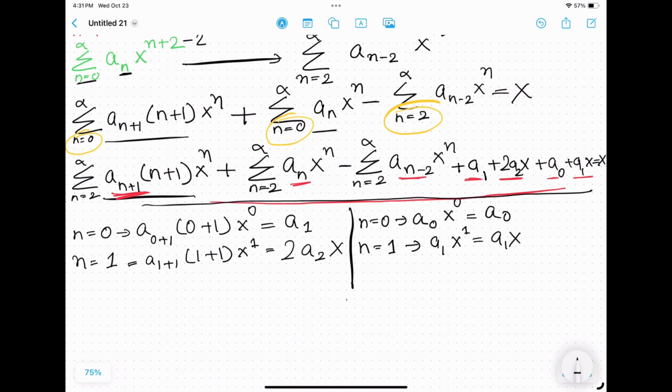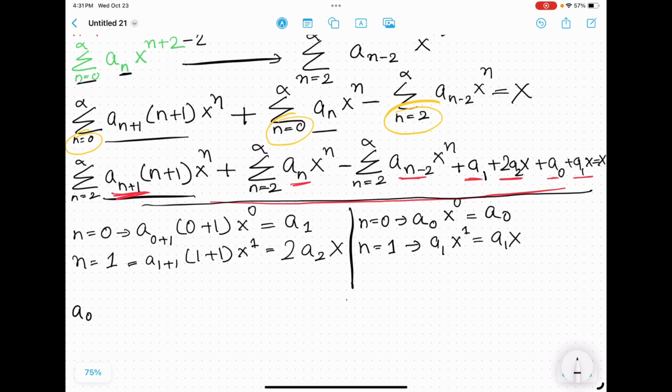Now I want to rewrite this expression right here so that the powers of x are in increasing order, and also combine our three power series into one. So let's go ahead and rewrite that.